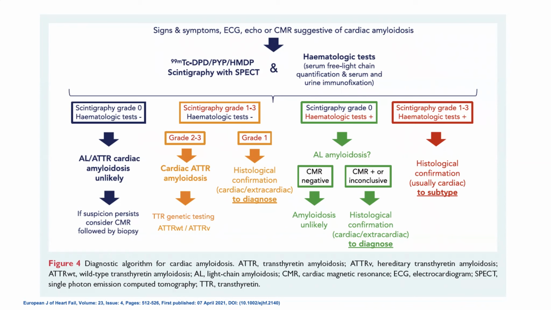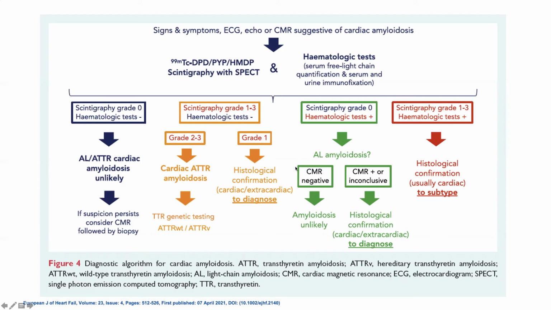In the case that cardiac uptake is grade 1, like this one, non-invasive diagnosis is not possible, and histological confirmation of amyloid deposit, for example extracardiac, is required. So in this scenario, these are the steps that you should consider.